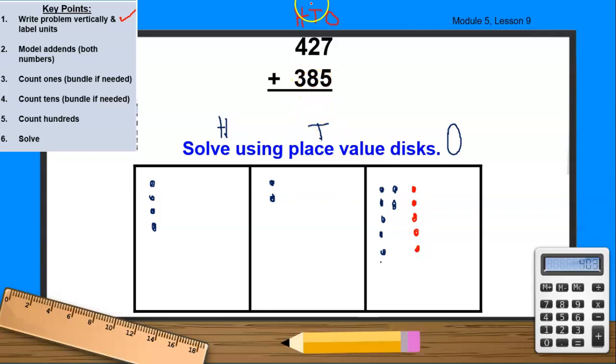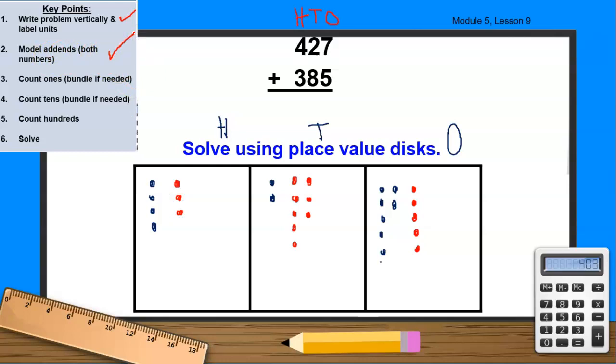This 8 tells me that it's in the tens place and that I draw 8 tens. 1, 2, 3, 4, 5, 6, 7, 8. This 3 tells me that I draw 3 hundreds because it's in the hundreds place. 1, 2, 3. I'm done doing model the add-ins.